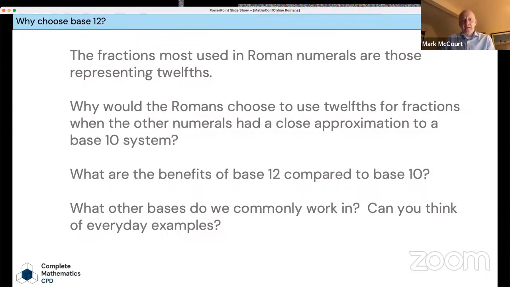We could use a base like base 60, for example, that has even more factors than 12, but there'd be so many symbols to remember for base 60, as previous civilizations had done. The complexity of the symbolism maybe outweighs the flexibility of the factors that it gives you.